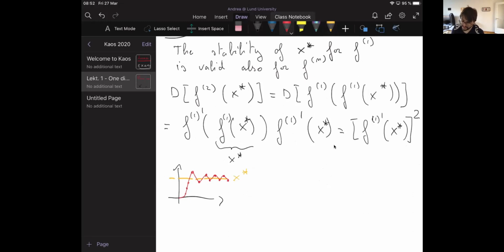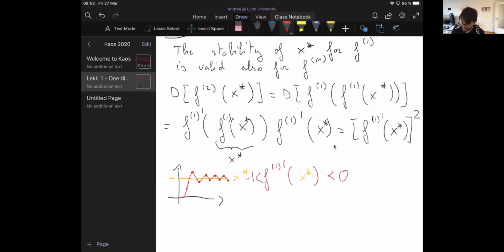This is the sort of behavior that you have for f1 prime of x star smaller than 0, but greater than -1.